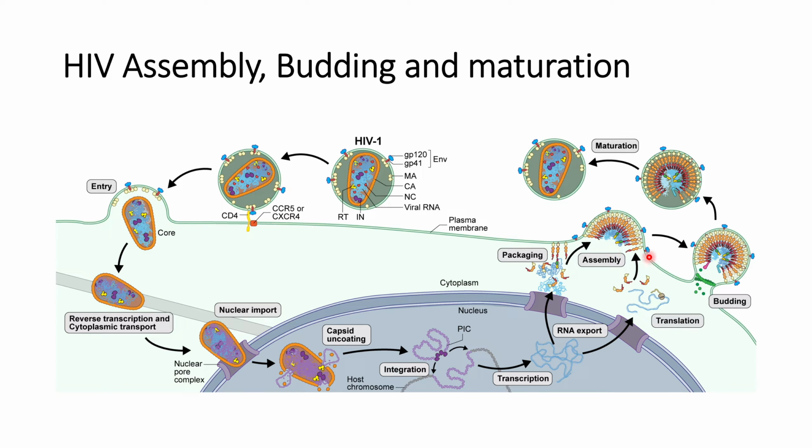After that, the assembly process occurs that leads to the replication of the HIV virus. When this process is complete, that is, the packaging and assembling of the virus is complete, the budding process occurs, and this virus then further matures itself to get to a state similar to the virus that first infected the host from a foreign source.